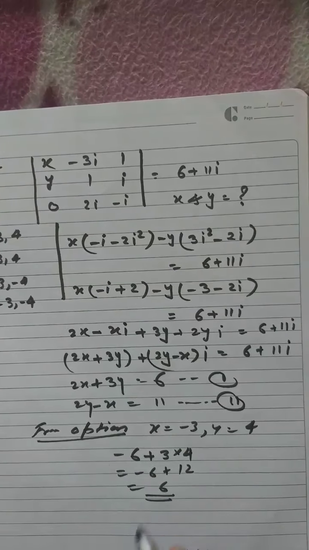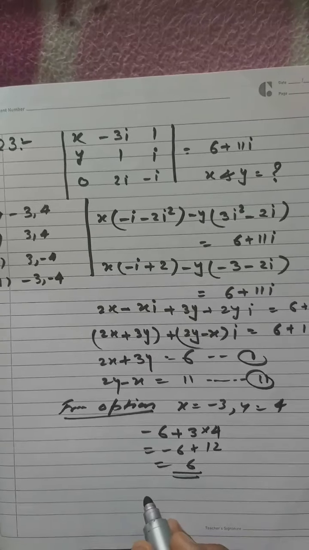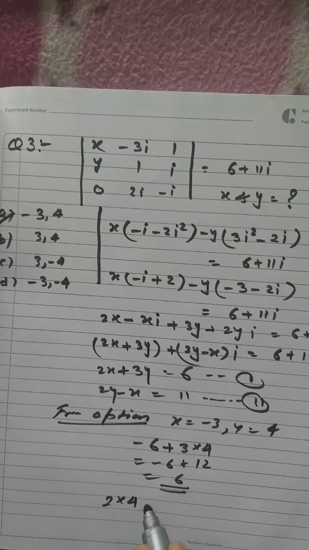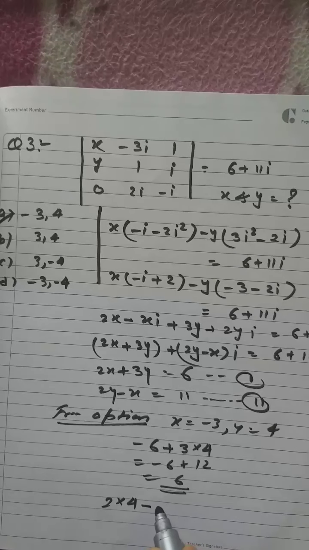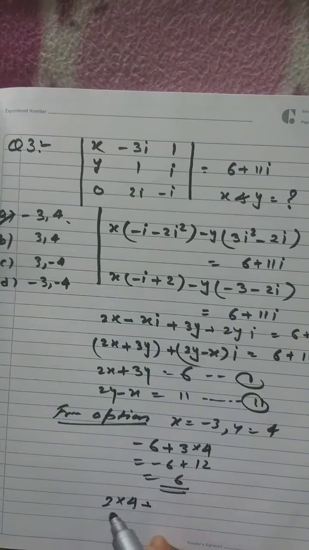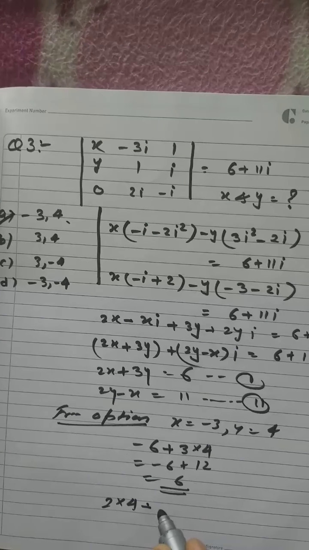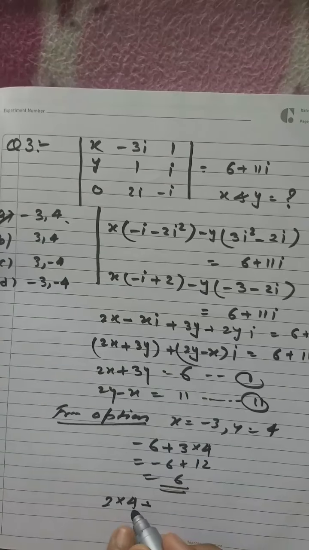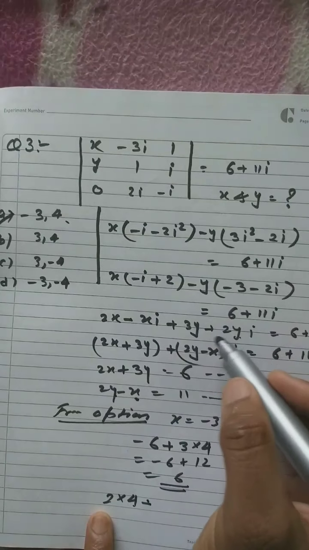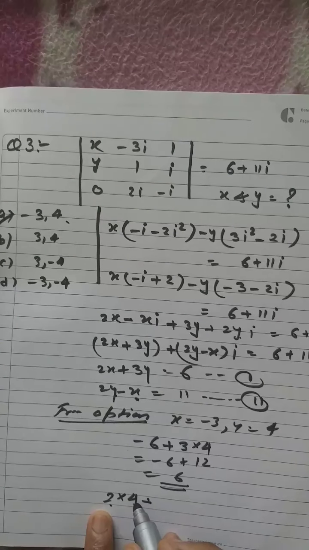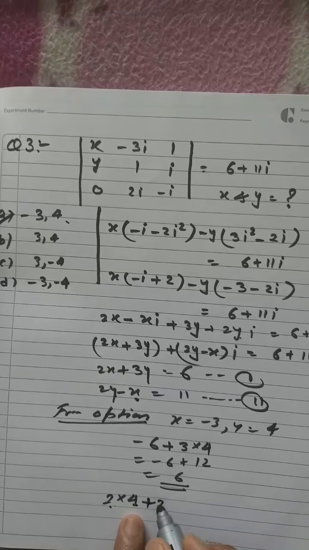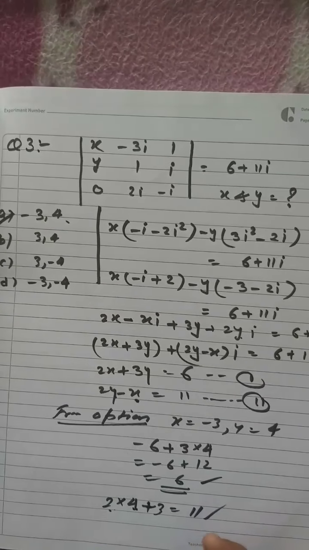You can also put in equation number second. 2y minus x: 2 into y, you put y as 4, is 8, minus x means plus 3. 8 plus 3 is 11. So you are getting right-hand sides 6 and 11.